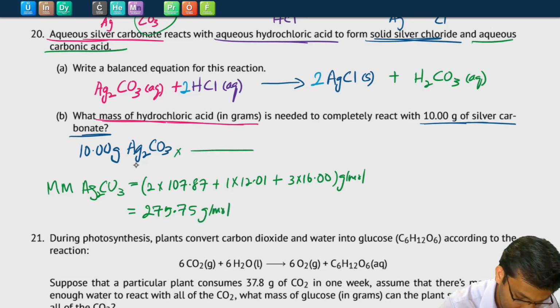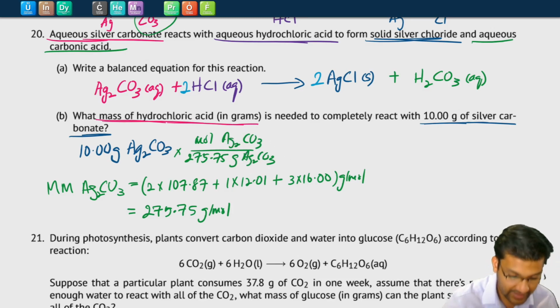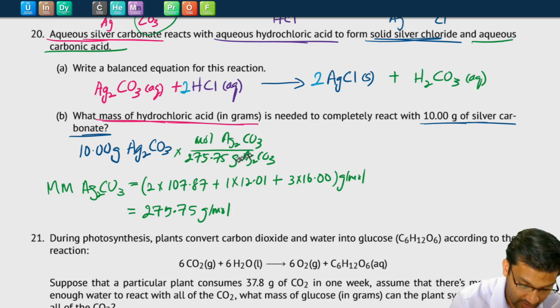So to convert this into number of moles, we have 275.75 grams of silver carbonate per mole of silver carbonate. I keep writing the molecule all over again just to make sure that we keep track of which molecule we're working with at any one time. So grams of silver carbonate cancels out.